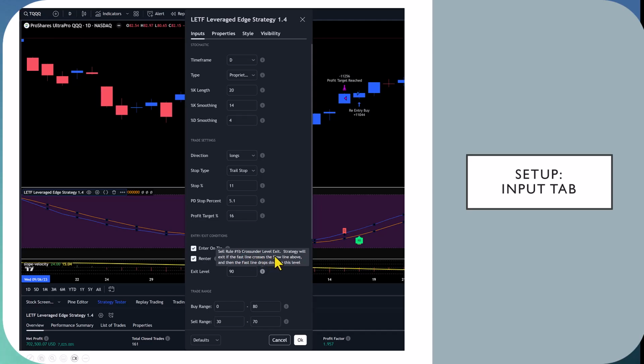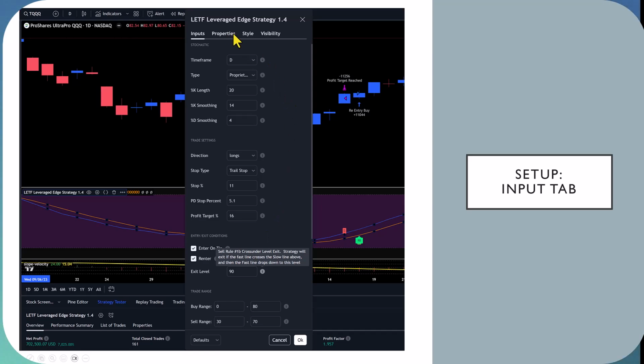It's a cross under level exit. Strategy will exit if the fast line crosses below the slow line above and then drops down. The fast line drops down to this particular level.